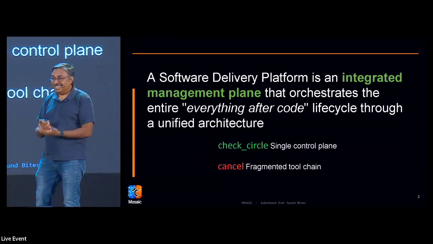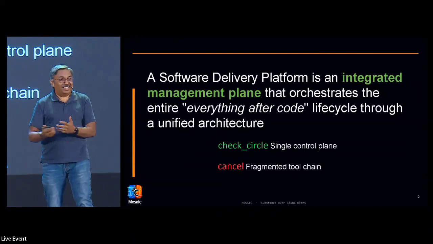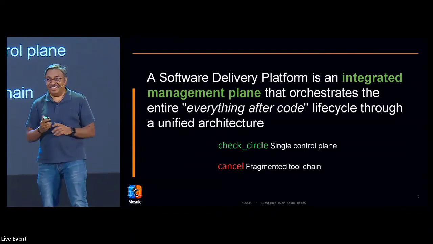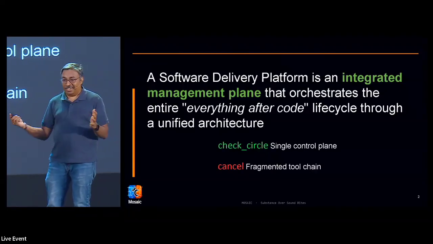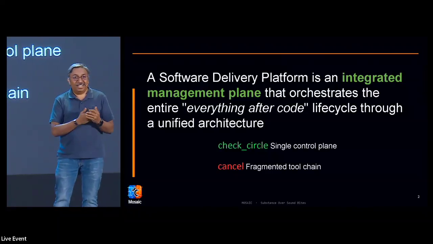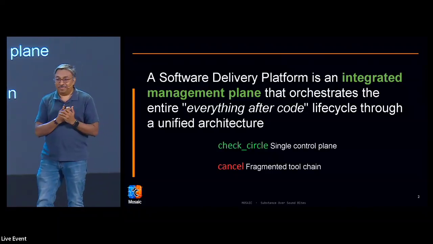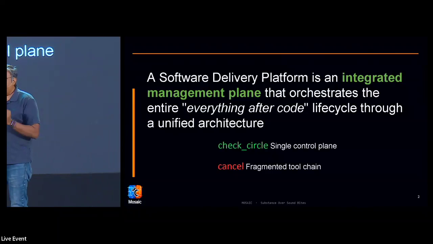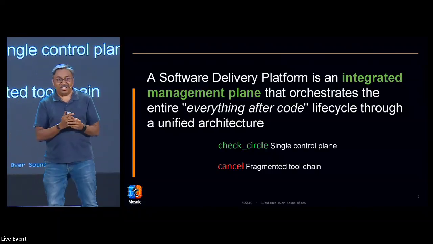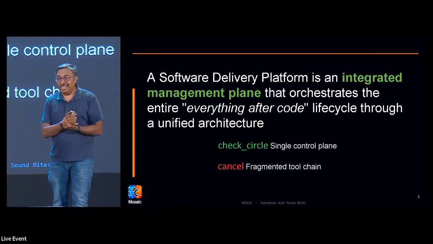I can go on and on. Software delivery means after you write the code, how do you get to production without any problems. A software delivery platform is an integrated management plane that orchestrates everything after code.